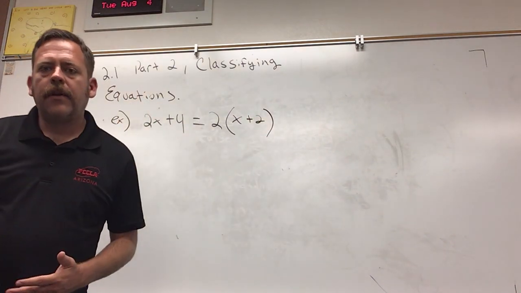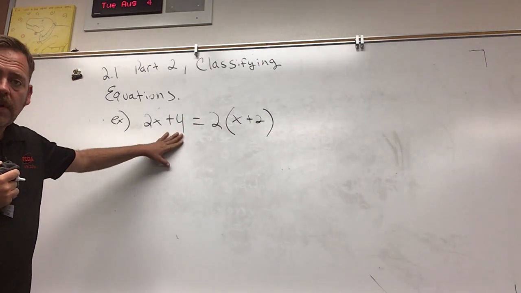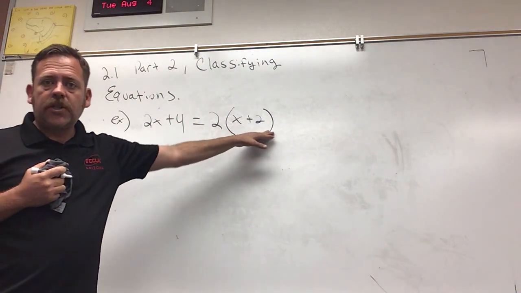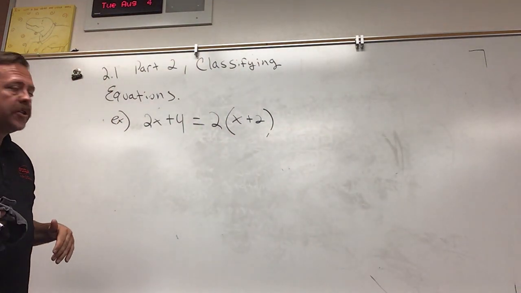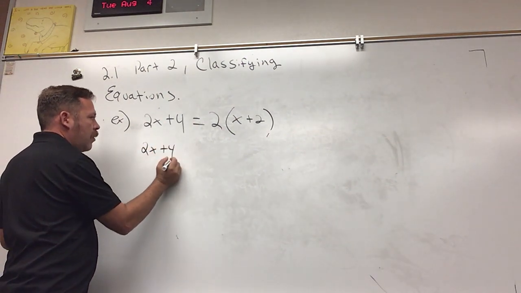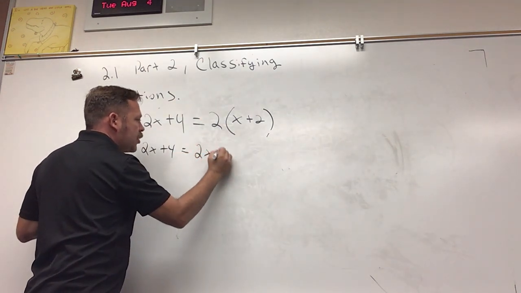All right, for this next example, I have 2x plus 4 equals 2 times parenthesis x plus 2. So we'll follow our steps. I do have some distributing to do this time. So 2x plus 4 equals, when I distribute, 2x plus 4.